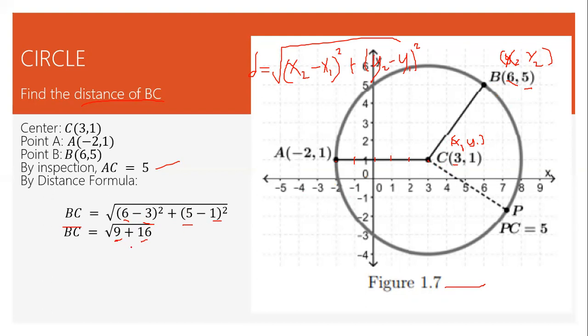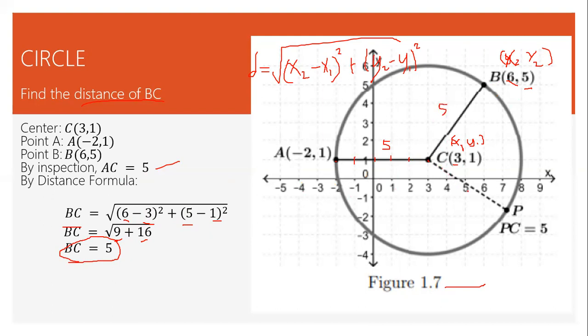So square root of 9 plus 16, or 9 plus 16 is 25. So square root of 25 is 5. BC is equal to 5. So therefore, this is 5. By manual inspection, this is also 5.